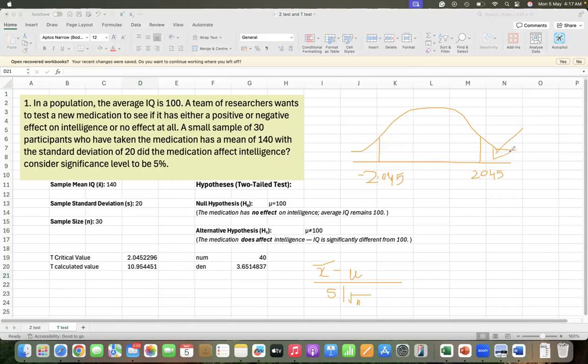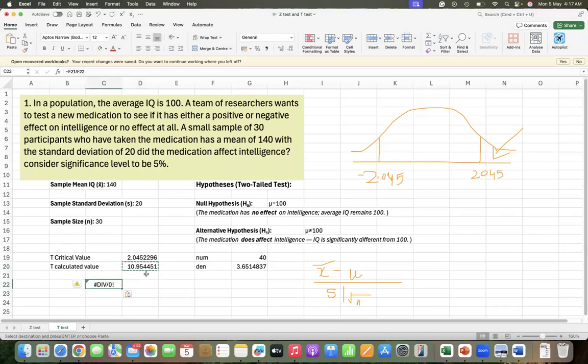And what do we reject? The null hypothesis. So what conclusion can we draw? Since this t value is less than, our decision rule was that if it comes below -2.05 or above 2.05, we will reject.